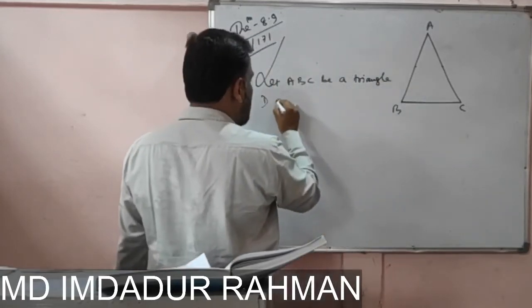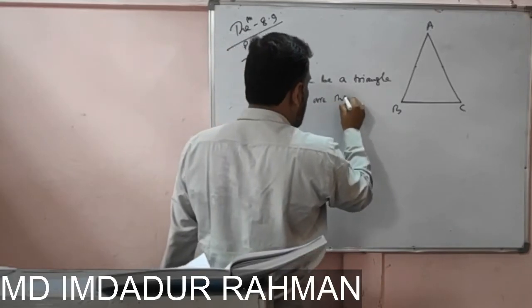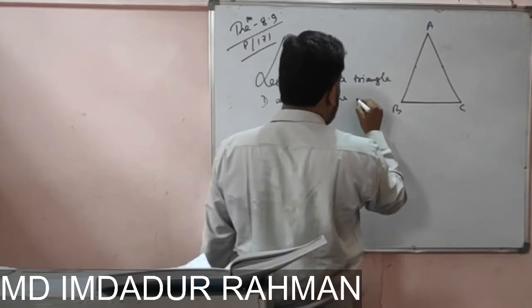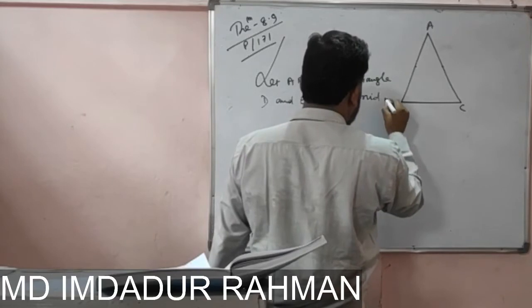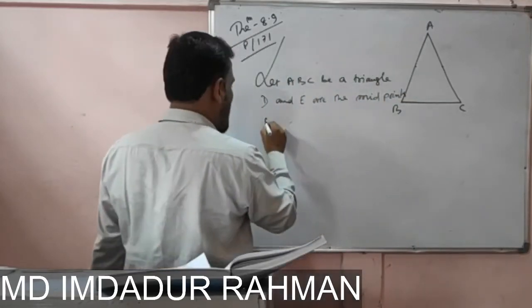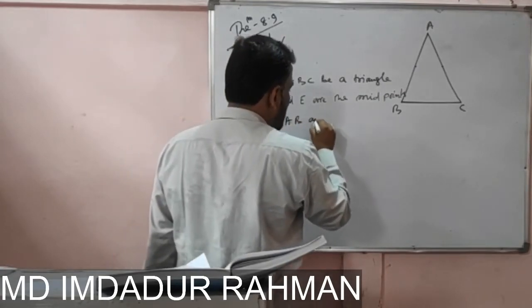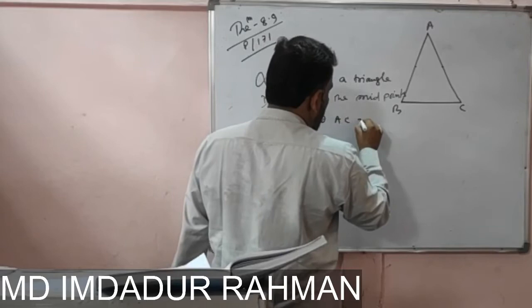D and E are the midpoints of AB and AC respectively.